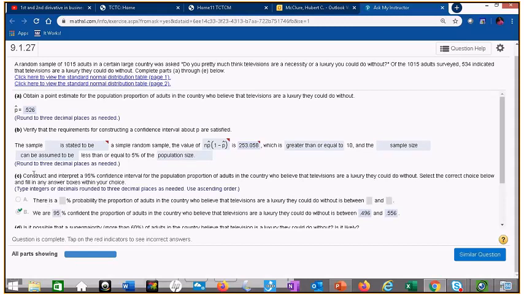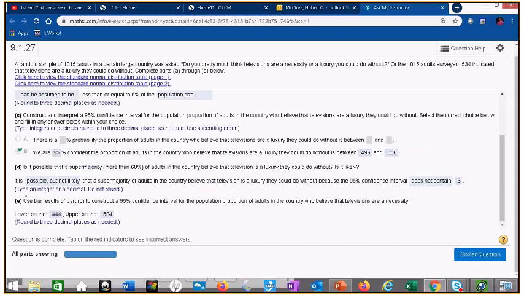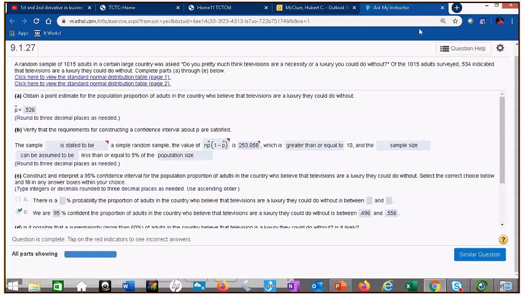You have to do this in your calculator to get the problem right. But if you were just doing this on the test and the question says, is this doable, you would put 50% of 1015 in your head and say yes, it's doable. But anyway, if you can do A, C, D, and E, then you're good to go for the test as far as that material.